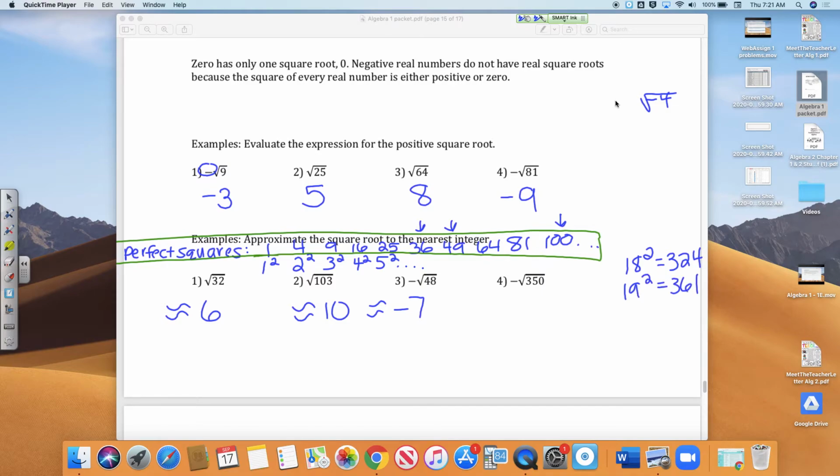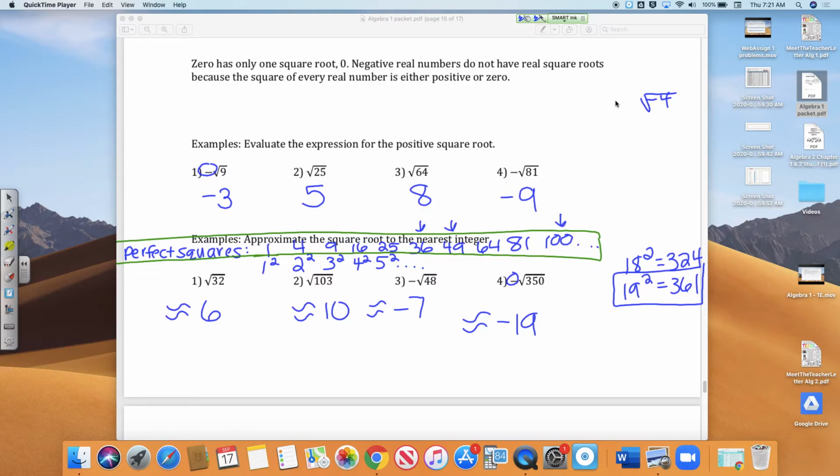So that will help us determine where this answer is going to be for the negative square root of 350. So 350 is closer to 361 than it is 324. So that means that this is going to be approximately negative, since the negative sign is here, negative 19, since 19 squared is 361.